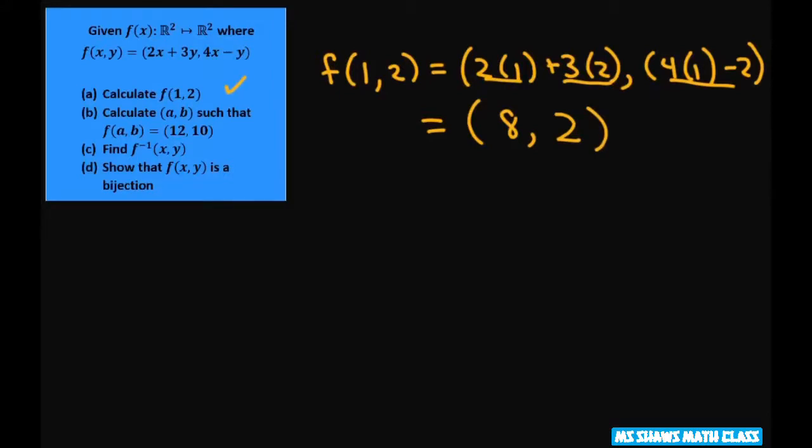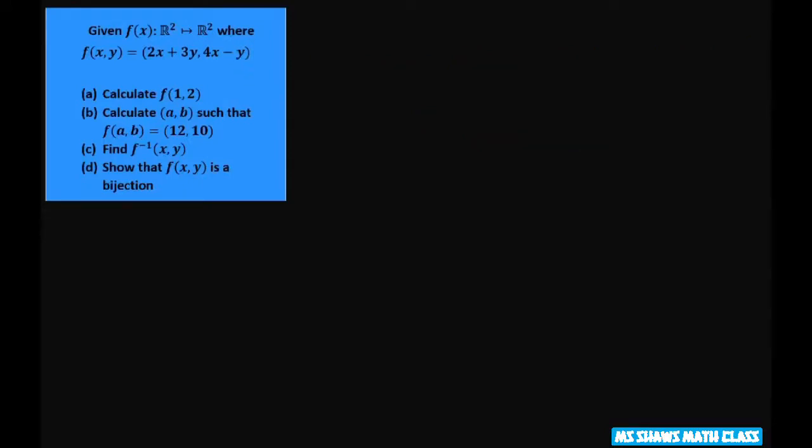Now for calculating a, b such that f of a, b is 12 comma 10, what we're going to do is write it out.